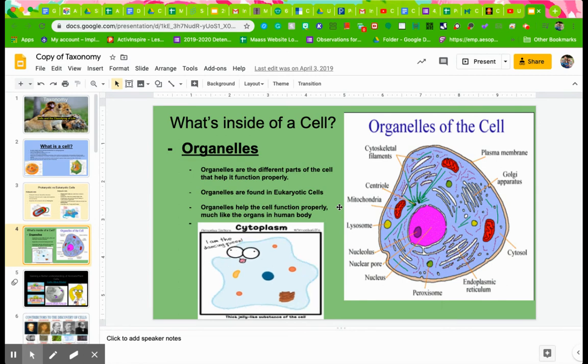The mitochondria, the red things in this picture, are like the powerhouse of the cell, giving the cell energy to carry out all its jobs. These all float in there, kind of like Jello or hand sanitizer. That consistency is called cytoplasm, all this blue area in between.